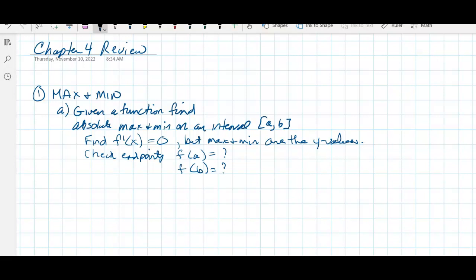Second thing, we went into those theorems. The first one was Rolle's. Okay. How do you verify Rolle's theorem?